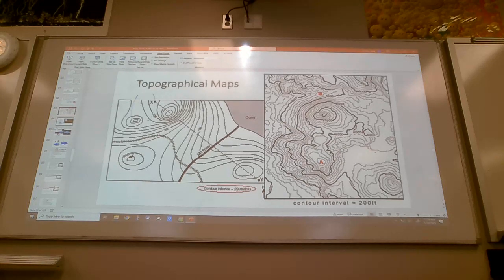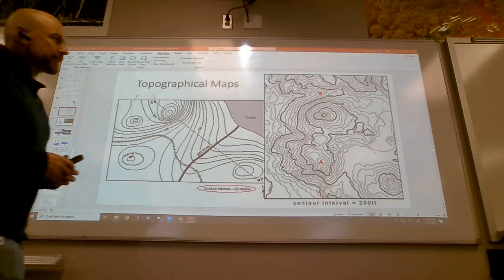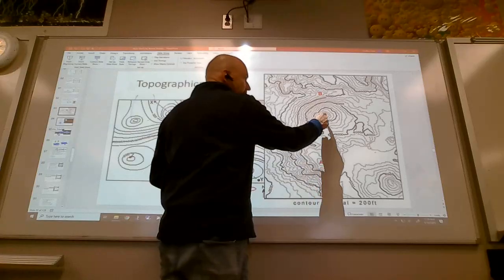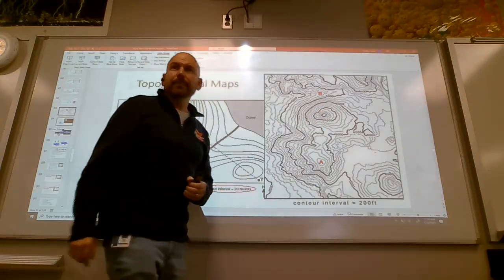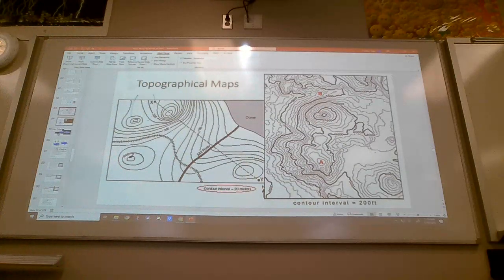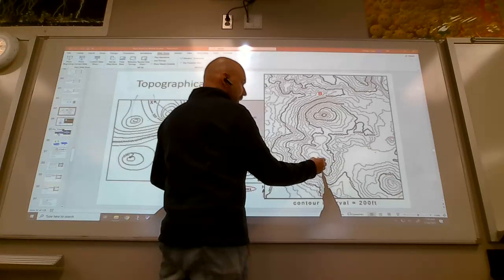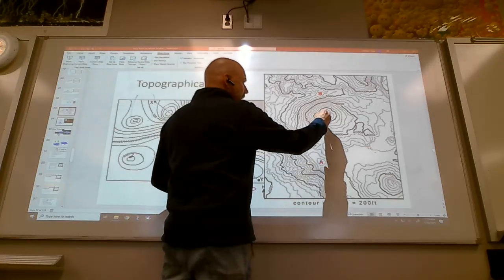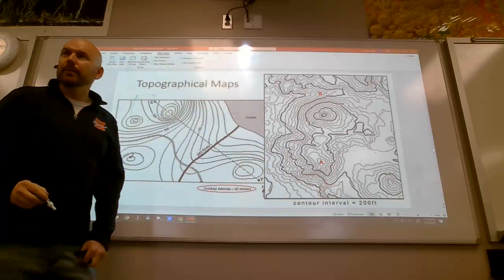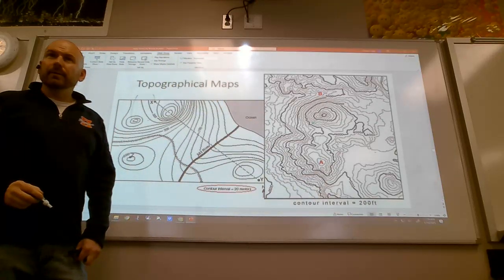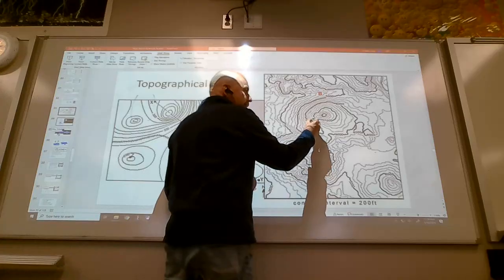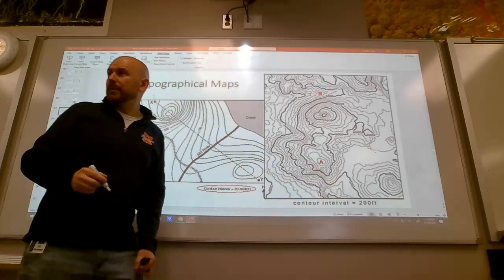So here, if you started at point A and you needed to get to that mountaintop, there's a hard route and an easy route. The hard route would be to just gut it. This is a really steep ascent.